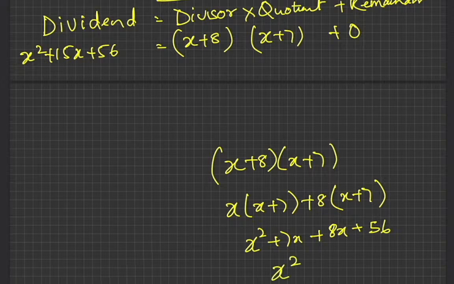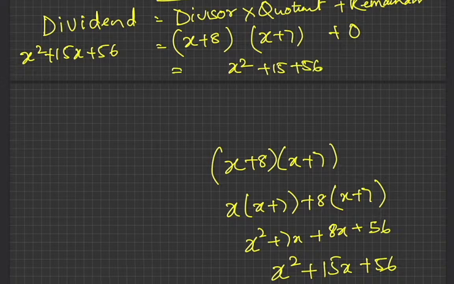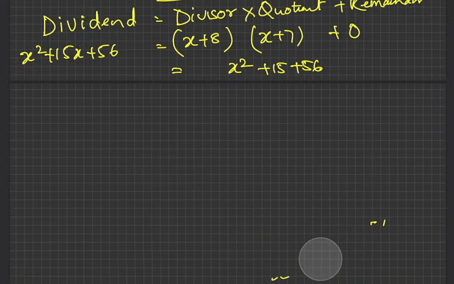So I have x squared plus 15x plus 56. So this is what I've got, x squared plus 15x plus 56. So my LHS is equal to RHS, right?